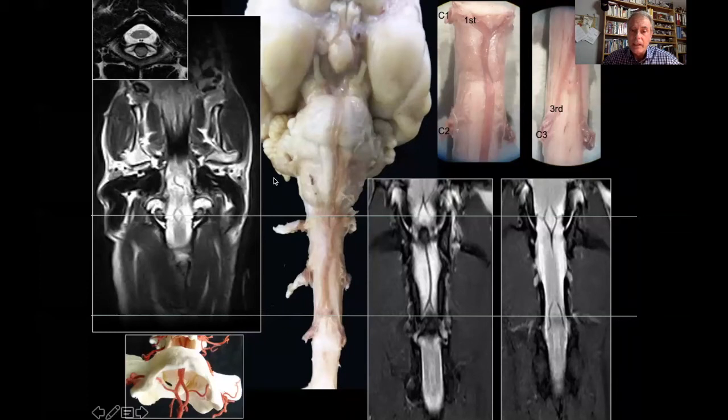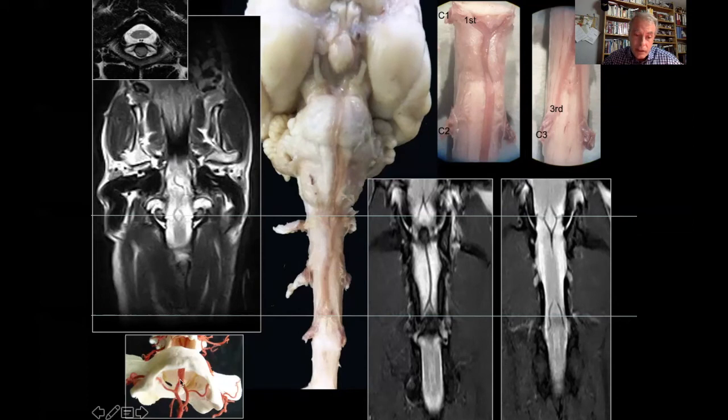First, at the level of the first cervical spinal nerve, this ventral spinal artery, when it meets the basilar artery, opens in a rhombus-like structure, as you see here. So this allows us to identify these two arteries, okay? So we know that we are at the level of C1, C2, cervical spinal segments.